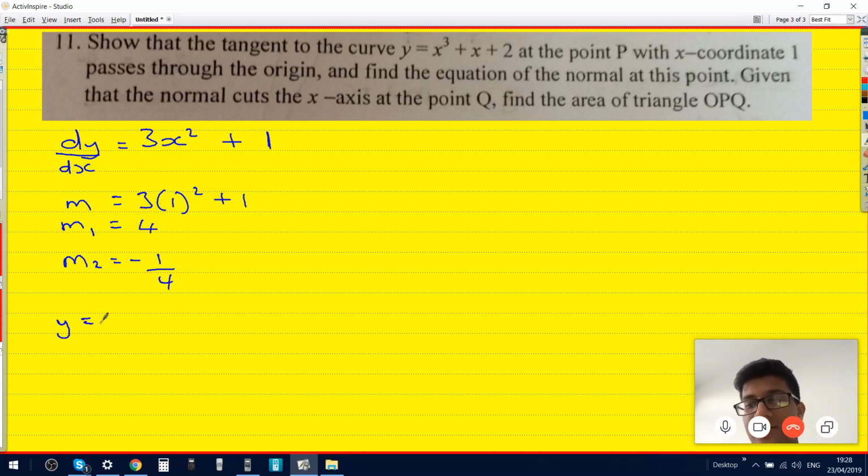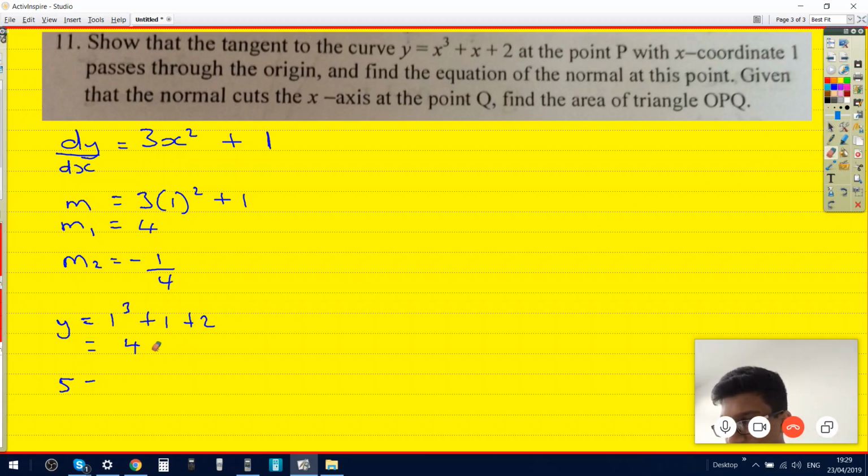So y equals 1 cubed plus 1 plus 2. That just gives us 5. So we can use our coordinates 1, 5 to get the equation of the tangent. So y equals mx plus c. 5 equals m times 1 plus c, and we know our m is 4, so 5 equals 4 plus c. c then equals 1, so y equals 4x plus 1.